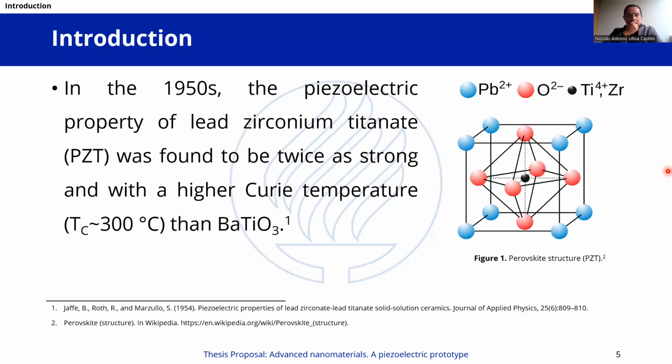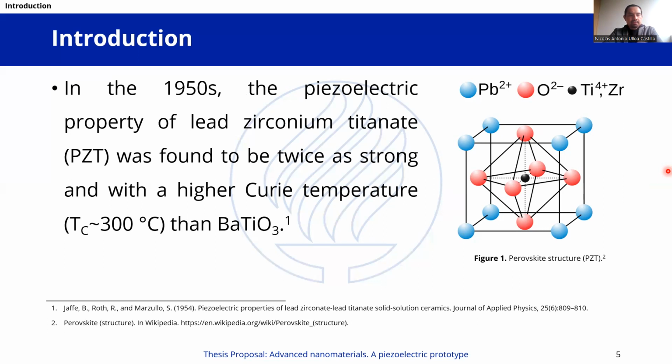A relevant structural characteristic is that their crystal structure is non-center symmetric, which allows us, when we deform this type of materials, to polarize them. As I was mentioning earlier, we deform them by applying pressure, and we can measure a voltage in these materials.